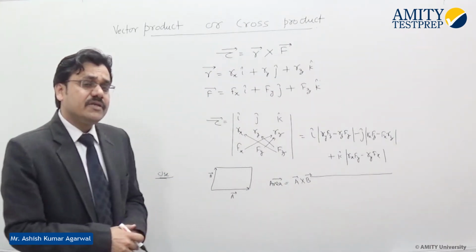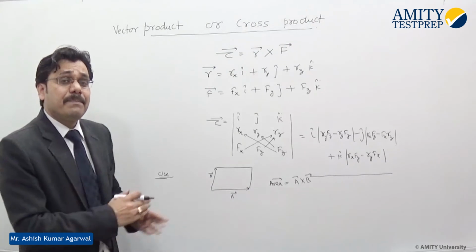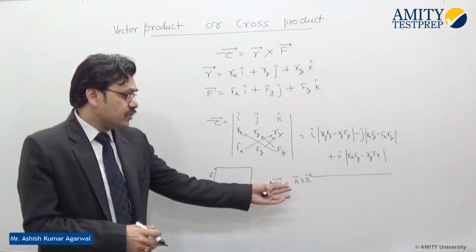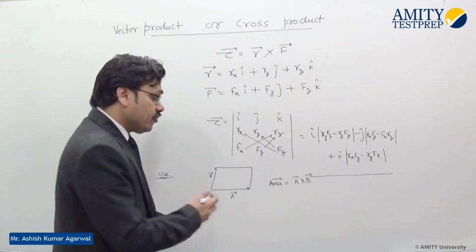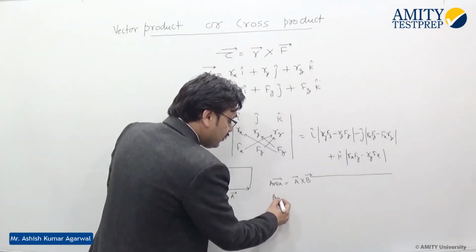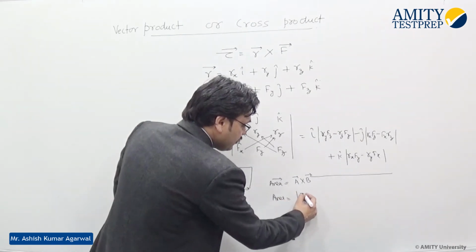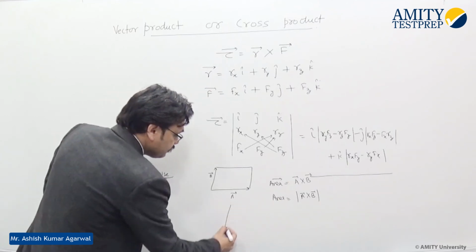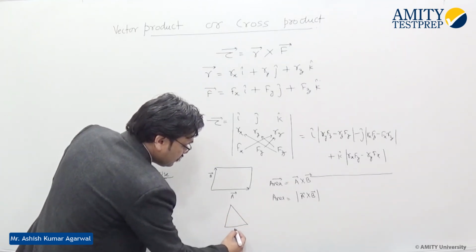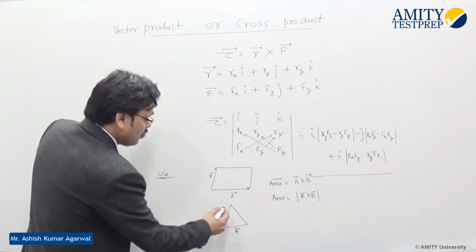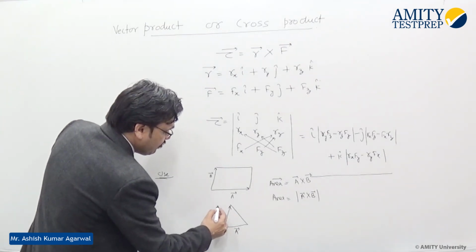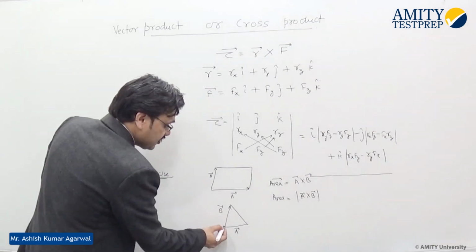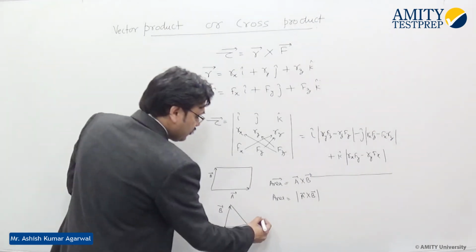Definitely the area vector should be perpendicular to the plane of the parallelogram. And if you want to find the values, you can get A cross B. If you want to find the magnitude of this area, you have to find the magnitude of A cross B. If you have a triangle, suppose two adjacent sides of this triangle are given by two vectors, again co-initial vectors, vectors which start from the same point, how can you find the area?